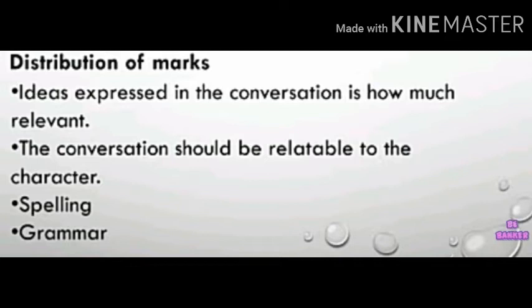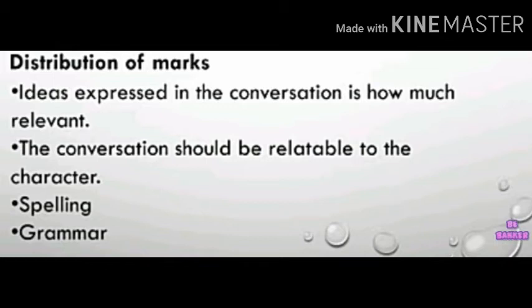Another thing to keep in mind is that spelling mistakes should not be made. And finally, grammar. The person who is correcting the dialogue writing keeps these things in mind while giving you the marks.